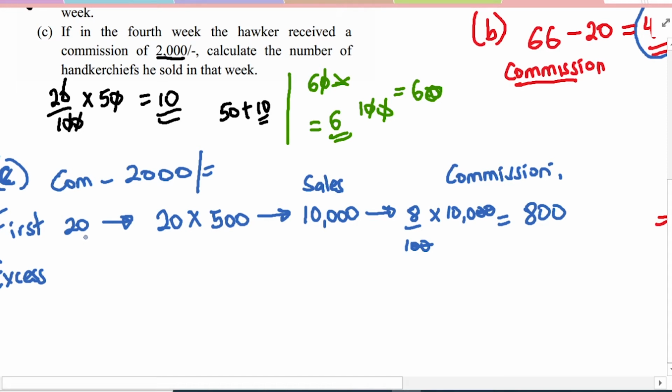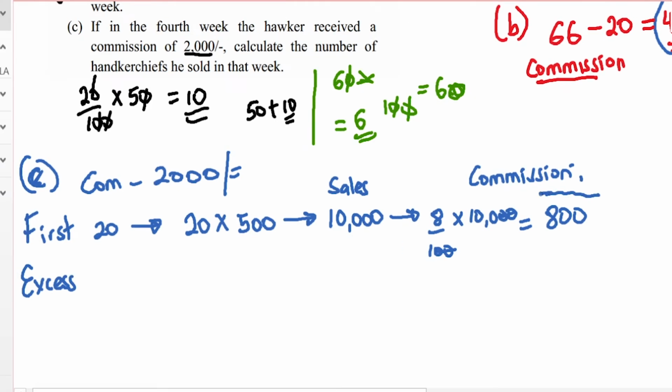Since the commission for the first 20 is 800, and we know that he gets a commission of 2,000, we take 2,000 shillings, which is the commission, minus 800, because that 800 is accommodating for the first 20 hankies.